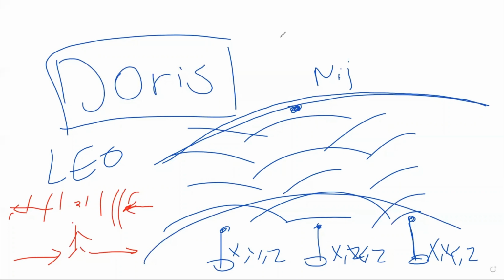So, for example, if these points have known coordinates and they are constant here and they are sending the signal, when I am moving toward this point, I receive different frequencies.